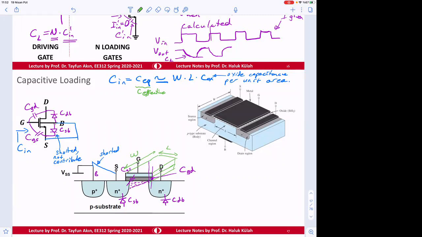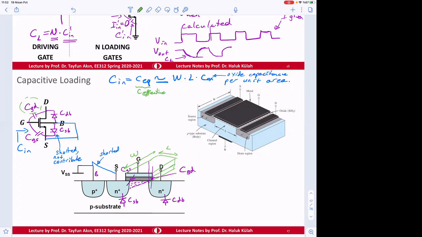So we know that this value is connected gate to drain, but that's also effectively included in the capacitance that needs to be charged and discharged.